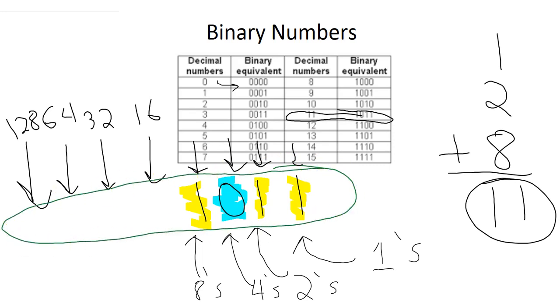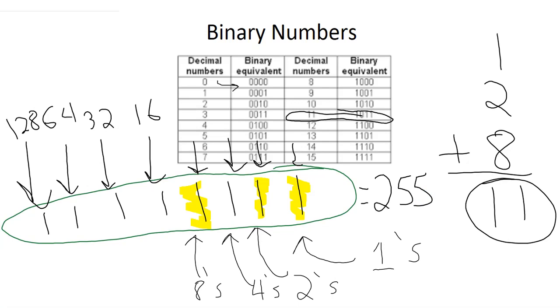And now the pretty interesting thing about it is, if we would have all ones here, so let me get rid of that 0. If we would have all ones here, 1, 1, 1, 1, 1, this would give us a total value of 255.